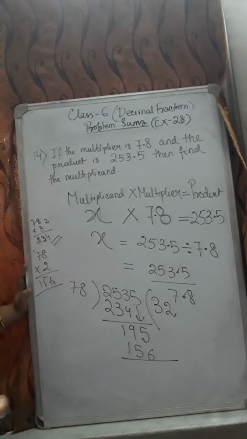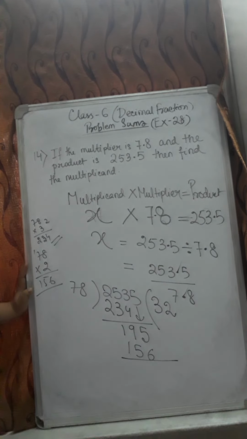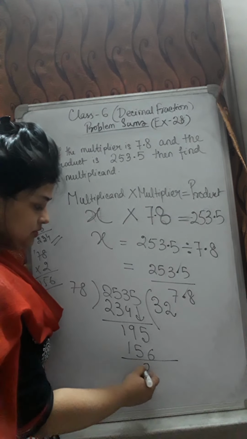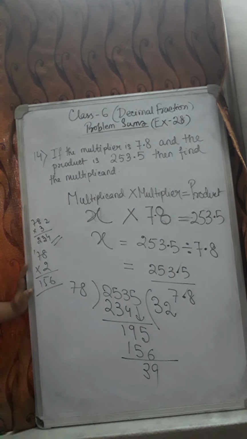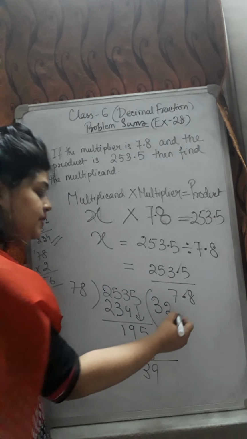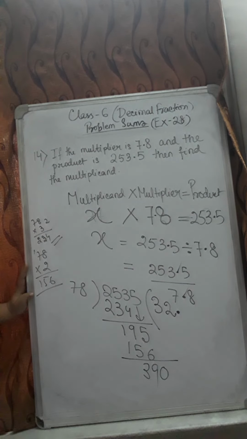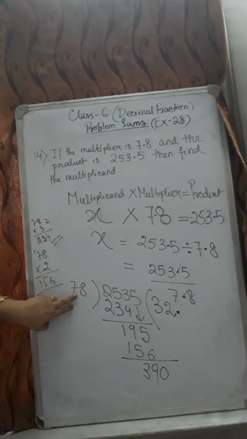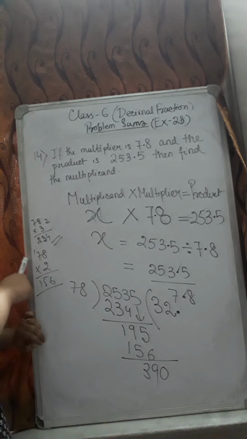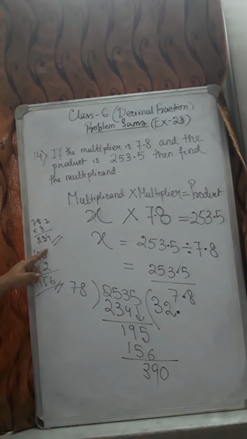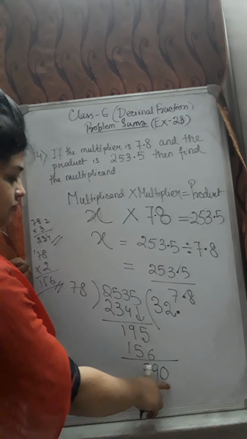So what is the remainder? 39. Now 39 cannot go with 78, so we will place a point and add a 0 and make it a 3-digit number. Now we start dividing 390 by 78. Till now you know 78 1s are 78, 2s are 156, 3s are 234. All of these are below 390.